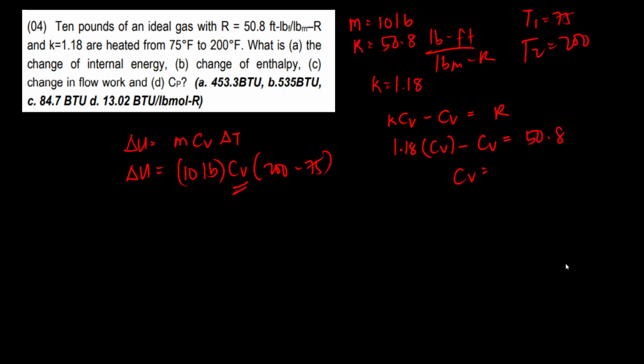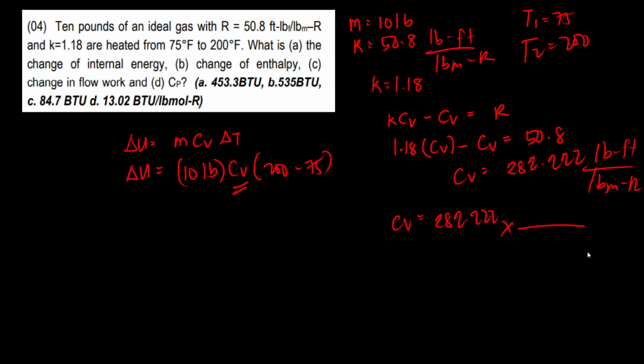So Cv is equivalent to 282.222 feet pound force per pound mass Rankine. Now, let's convert this into BTU. That is 1 BTU over 778.16. So, ang Cv natin ay equivalent sa 0.3627 BTU per pound mass Rankine.